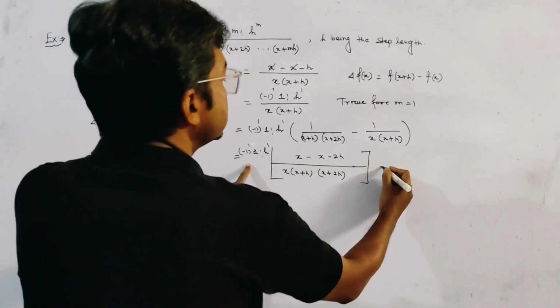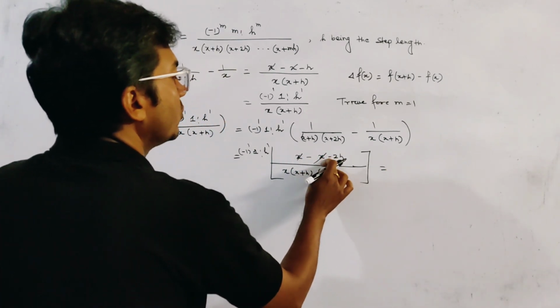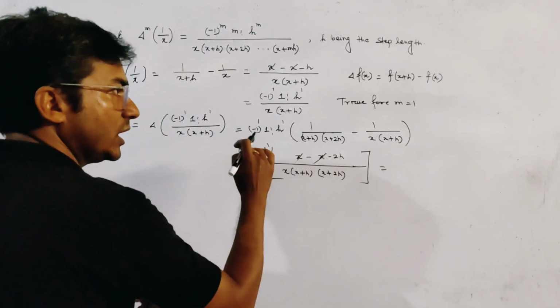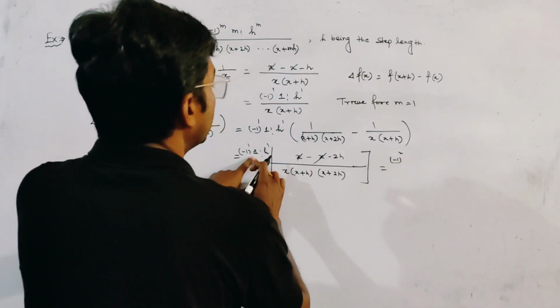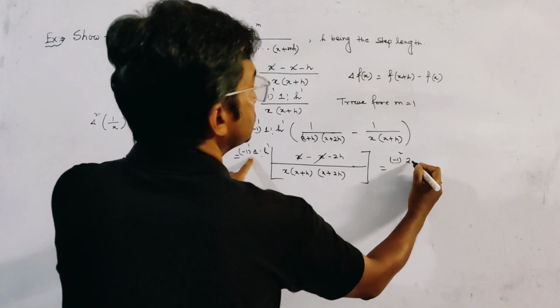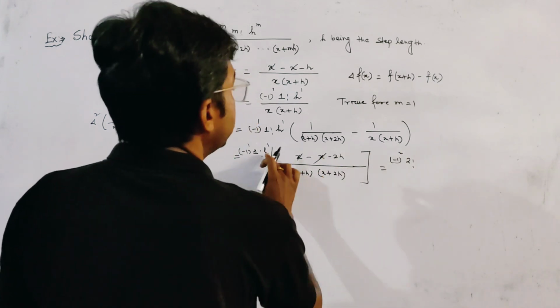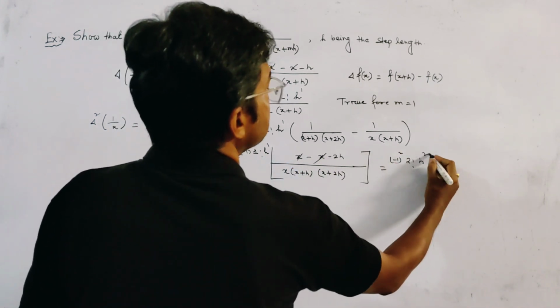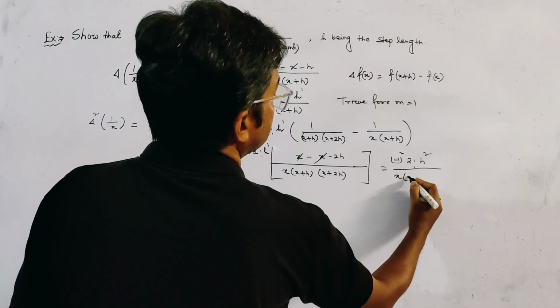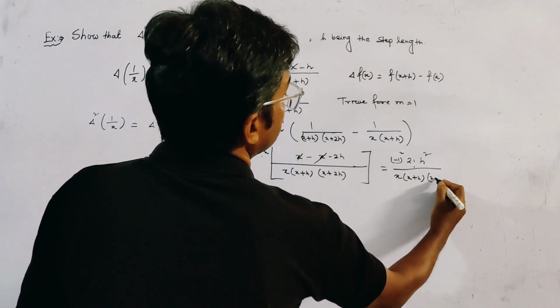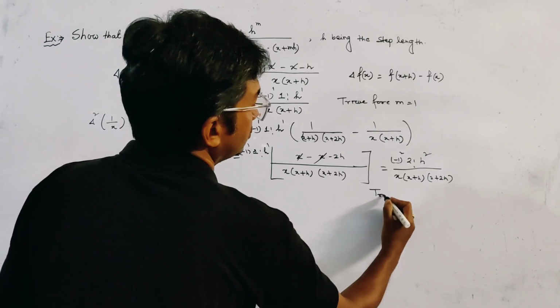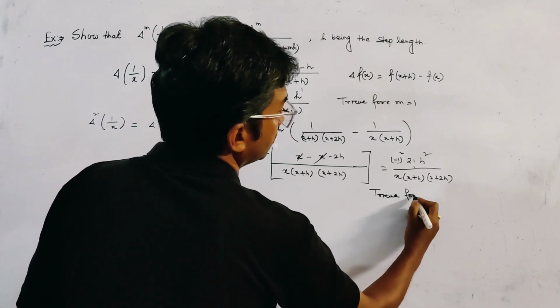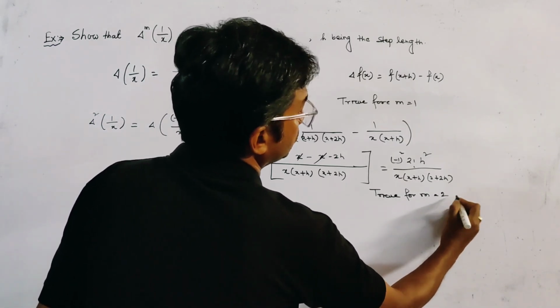Clearly x cancels out, and taking another minus out of the bracket, we get minus 1 to the power 2 into 1 factorial into 2, which is 2 factorial, and h and h also, so h squared by x into x plus h into x plus 2h. So this is true for m equal to 2.